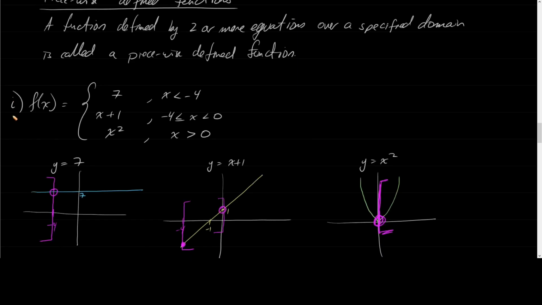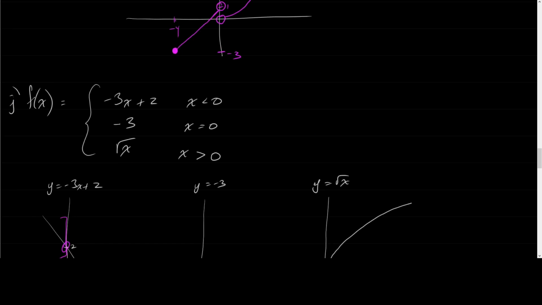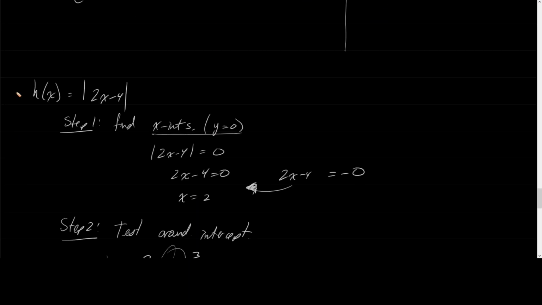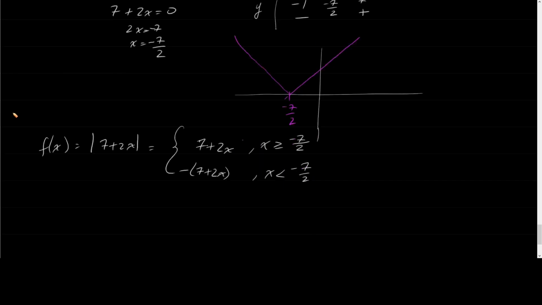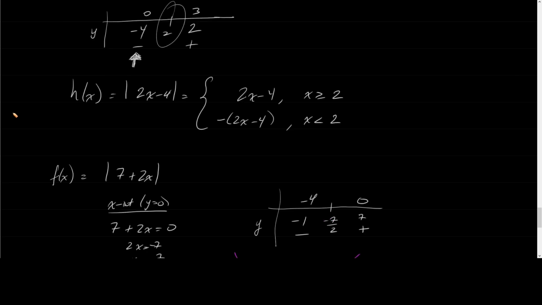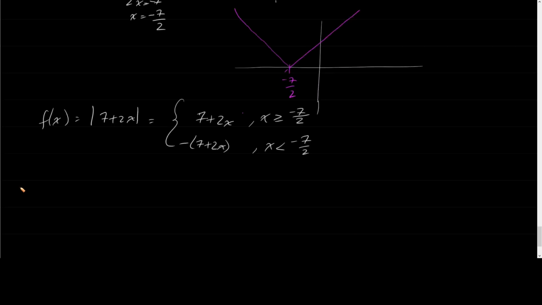So it's I, J, K, L, oh, hold on, M. I think that's all of them. Okay. All right. So example N.